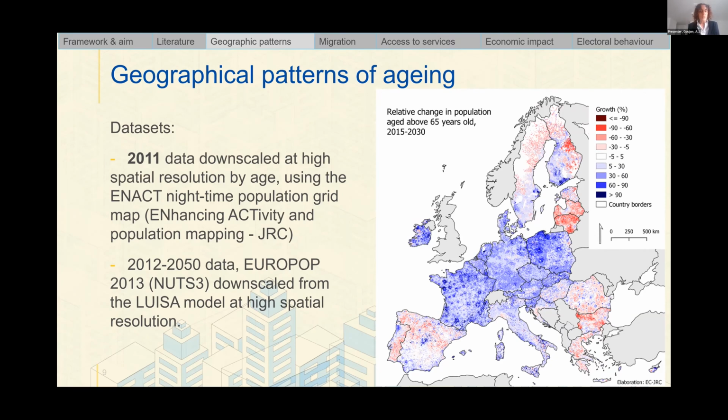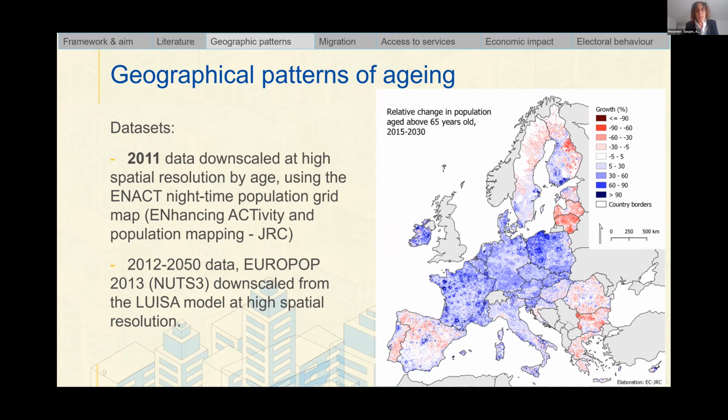We generate grid maps that are consistent both with the ENACT, the Enhancing Activity and Population Mapping grid map, which is also produced at the JRC, and with the age distribution fitting the municipal population level by age.